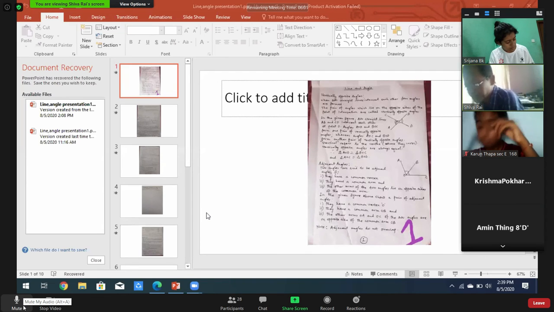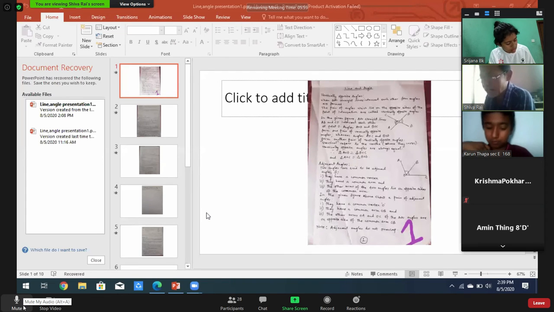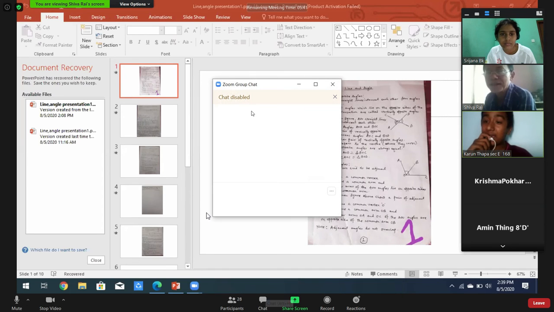Y degree equals how much? Y plus this is 180 degrees, straight line.